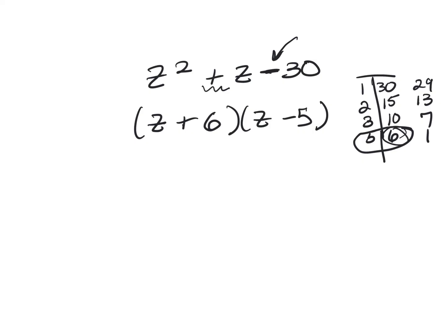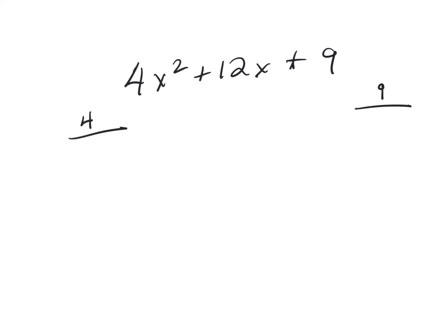All right. Now, we do a similar process when the leading coefficient is not 1, except now, instead of just adding my factors here, I also have to consider the factors of my first term. So these could be the possible factors of my first term.